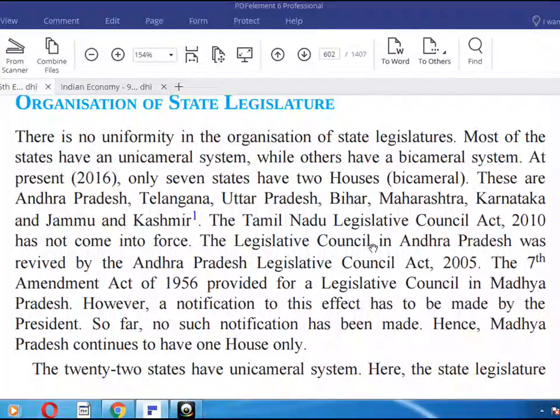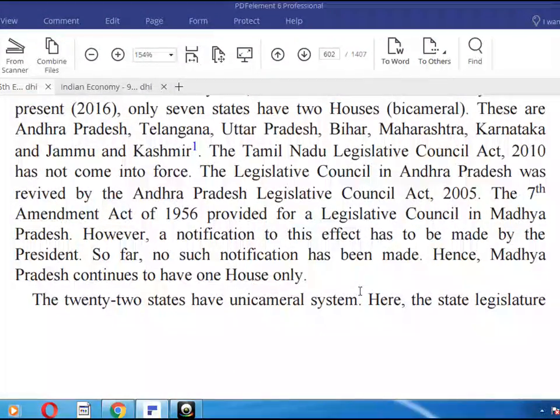The 7th Amendment Act of 1956 provided for a legislative council in Madhya Pradesh. A notification to this effect has to be made to the President. So far, no such notification has been made. Madhya Pradesh continues to have one house only.